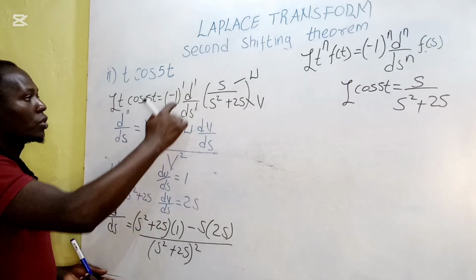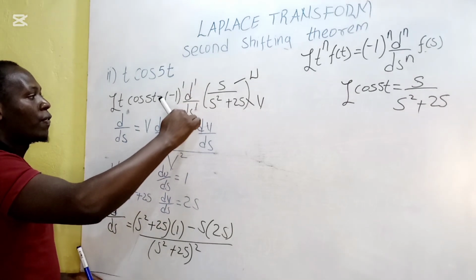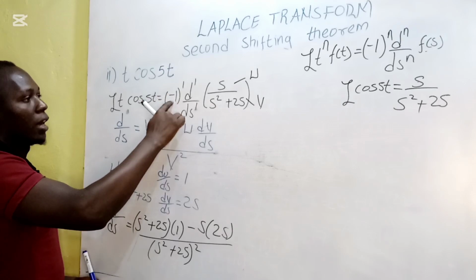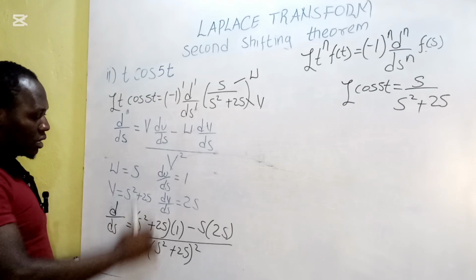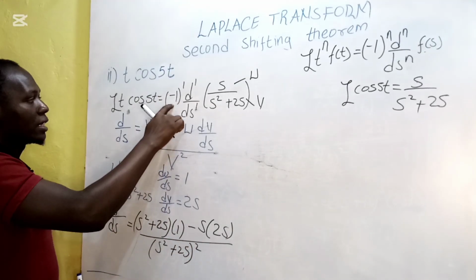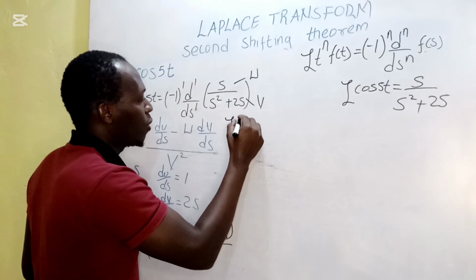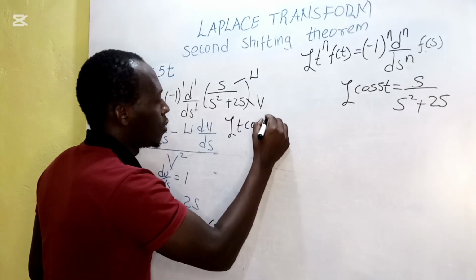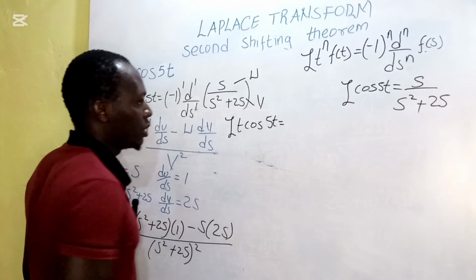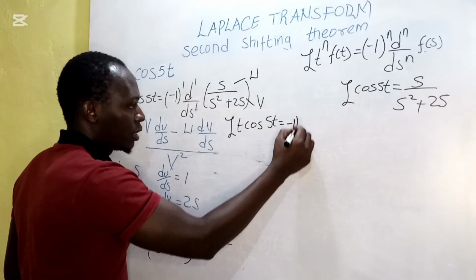Remember that it was the differential of our function here, but we had a negative of 1. Let us now include the negative of 1, to mean that the Laplace transform of t cos 5t is going to be equal to negative 1.